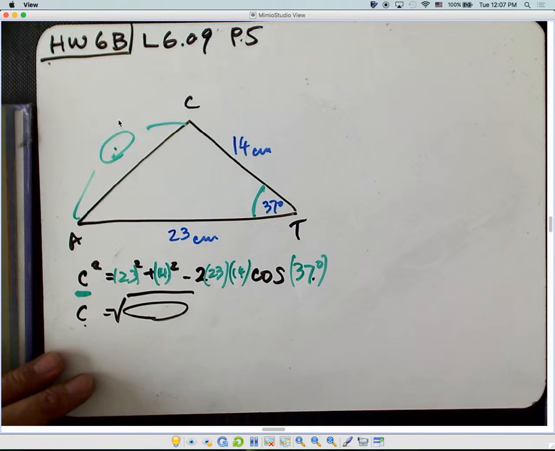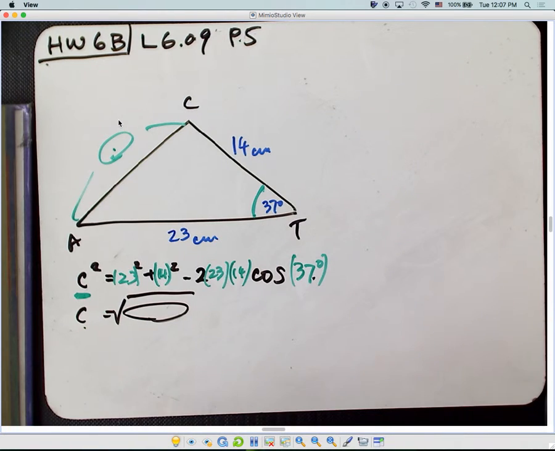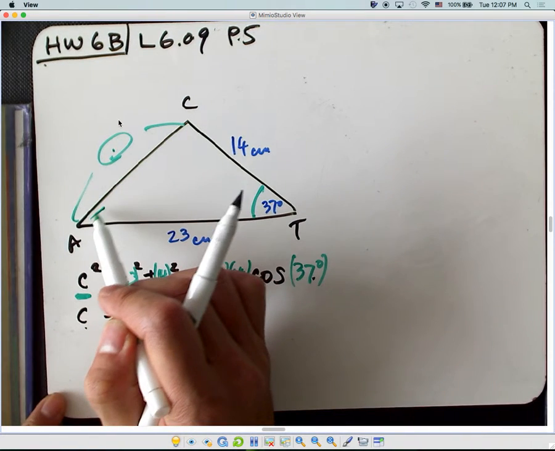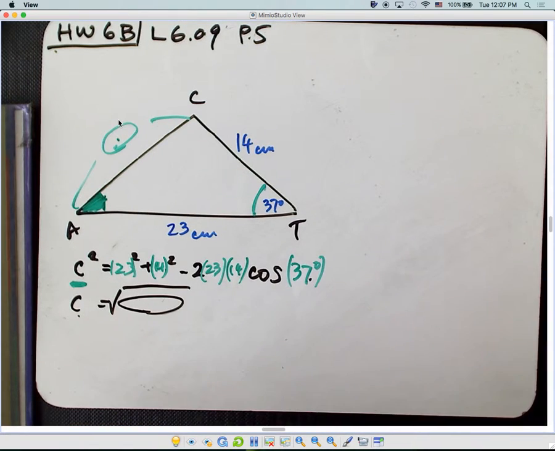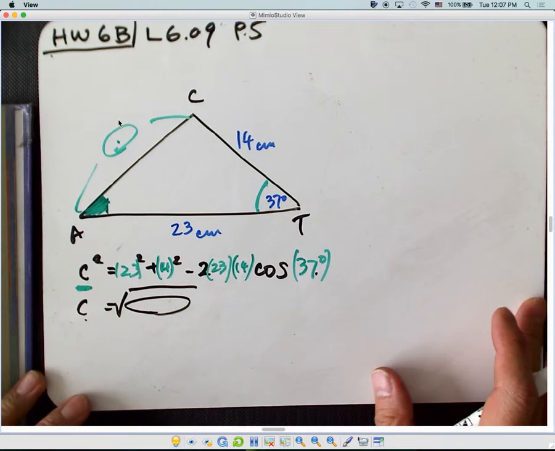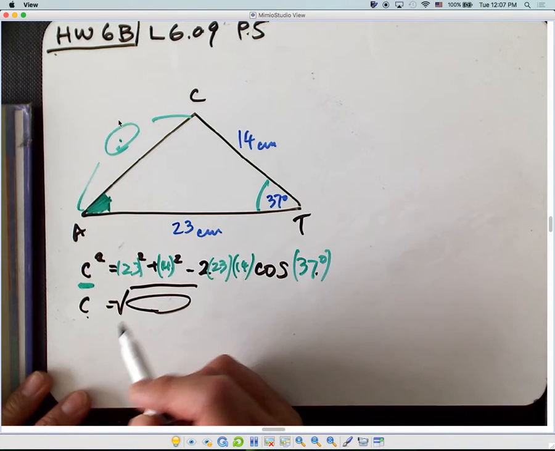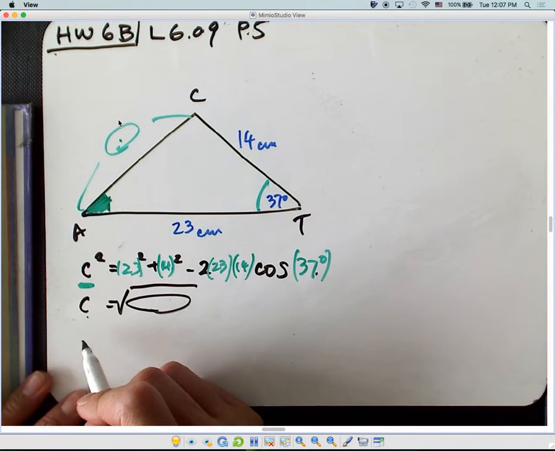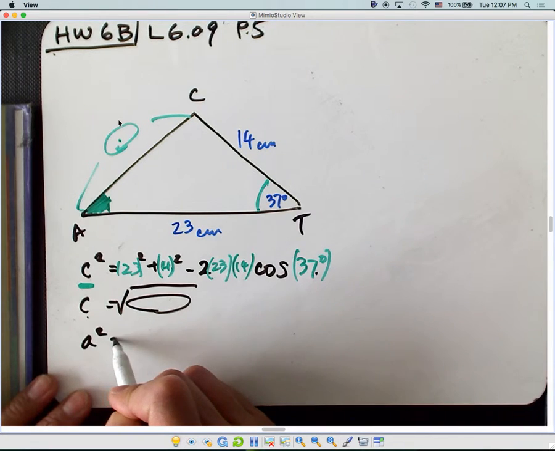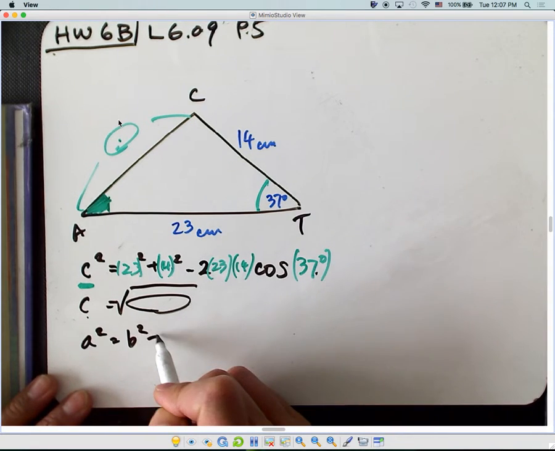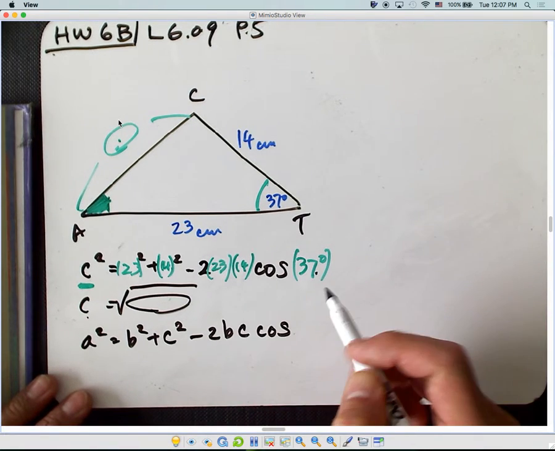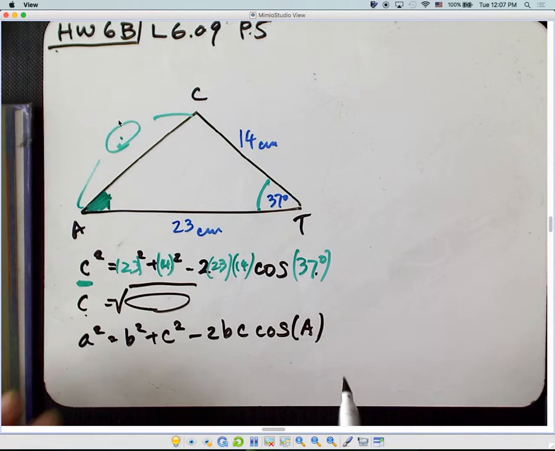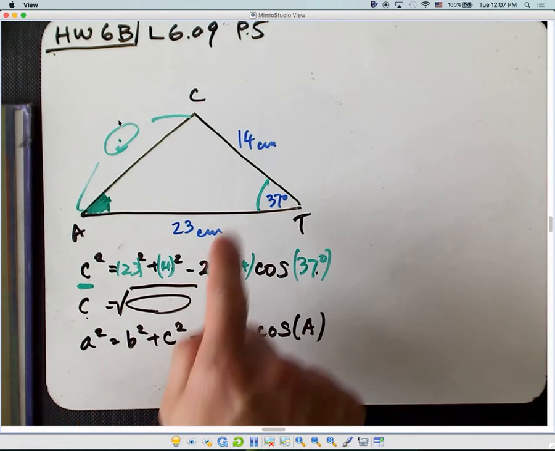Okay? In order to find this angle, if you call this angle A, then we'll have another formula. We have to switch around. So we want to know what the angle A is, so we're going to use a squared equals b squared plus c squared minus 2 times b times c times cosine of angle A. So we don't know what the cosine of angle A is, but we know what the side a is.